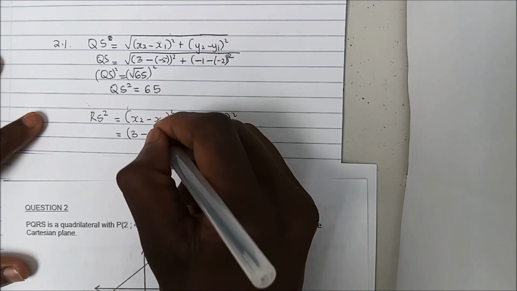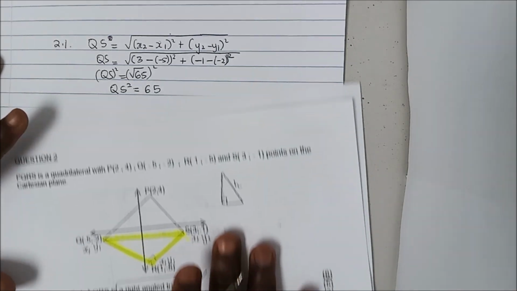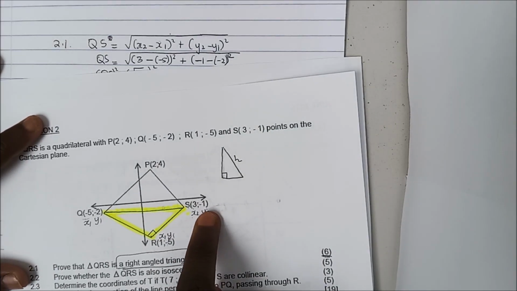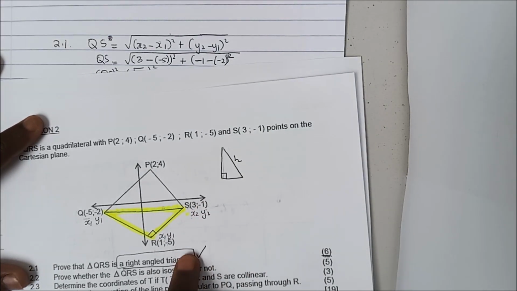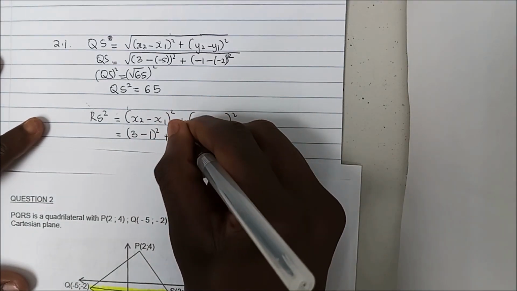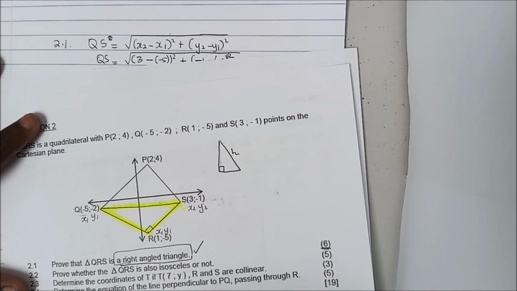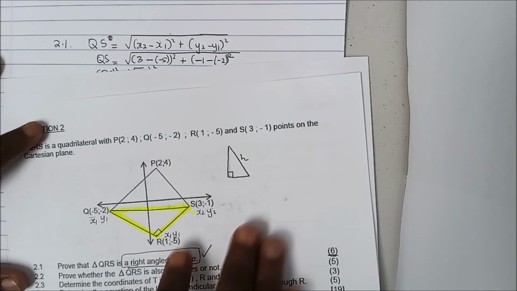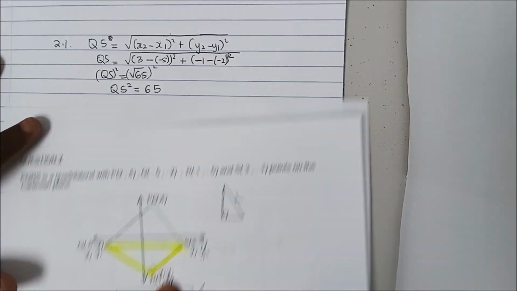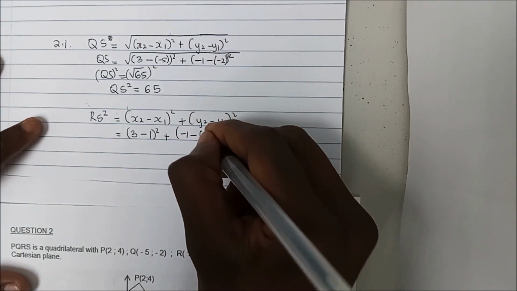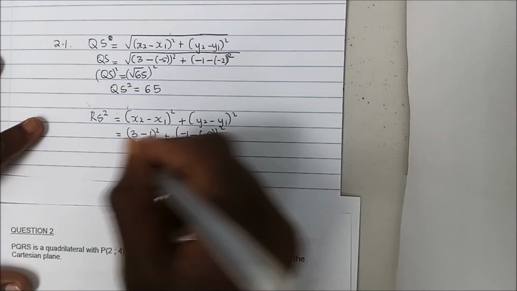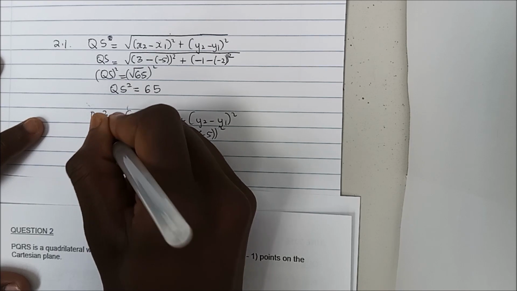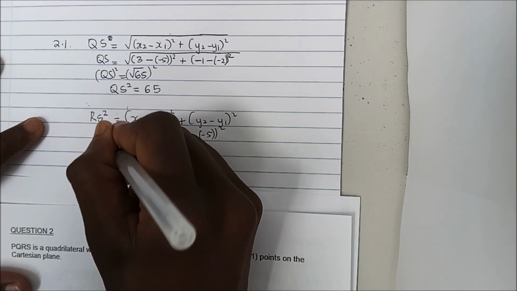So we have 1 squared plus, and then what is our y2? Going to the sketch, we have -1 as our y2. So we have -1 minus, and then the formula is y2 minus y1, so what is our y1? That's -5. So we have minus -5 squared. So this is RS squared.